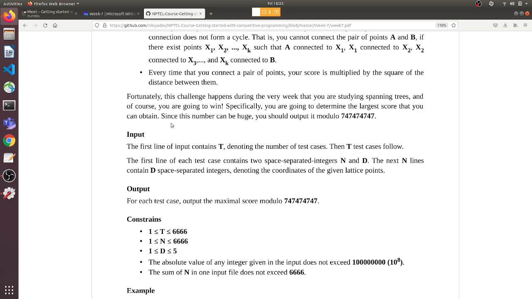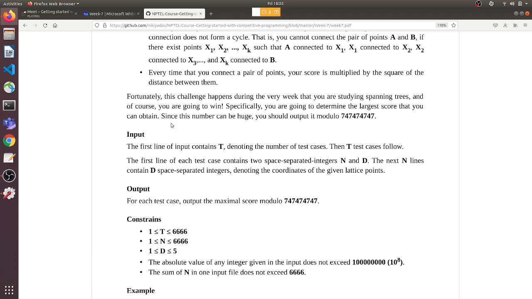Then we take an edge, which has two endpoints, and for both endpoints we check whether they belong to two different subtrees or the same subtree. If they belong to the same subtree, meaning they form a cycle, we do not add them.